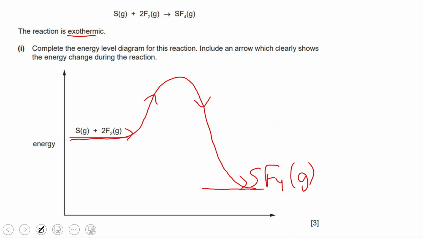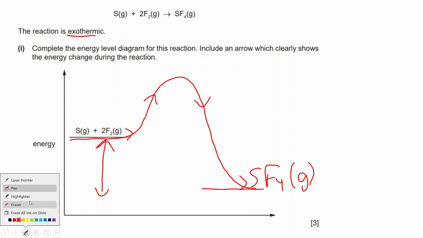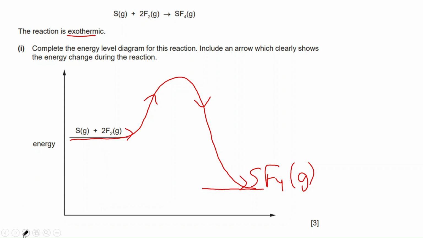And the next thing we need to do is delta H, which we already know is the distance between this. And we already discussed that this is an exothermic reaction, so the energy change is going to be negative. So what I'm going to do is make an arrow pointing downwards. And then we have the activation energy as well.